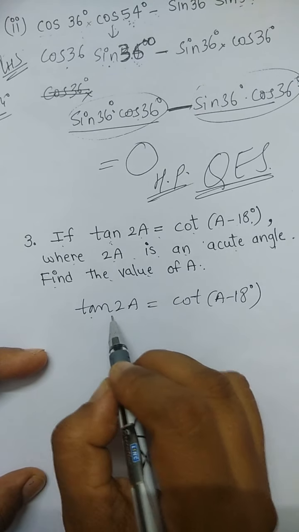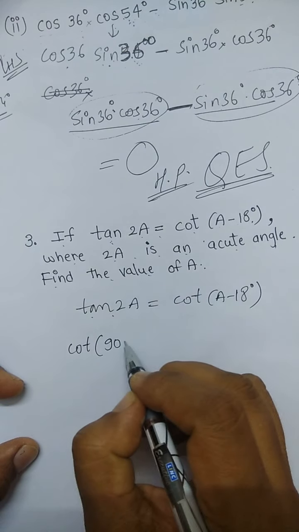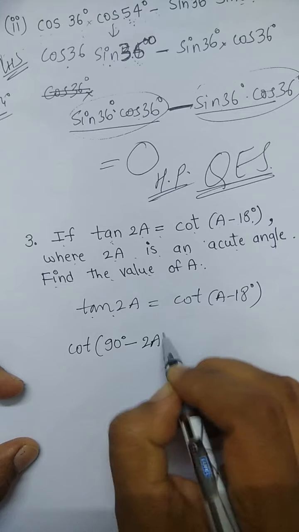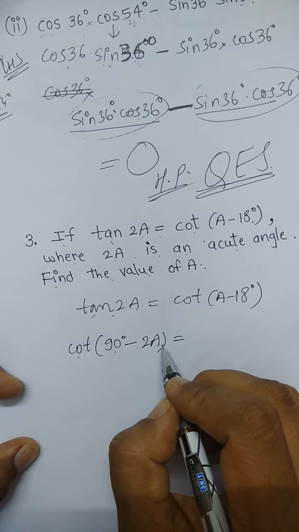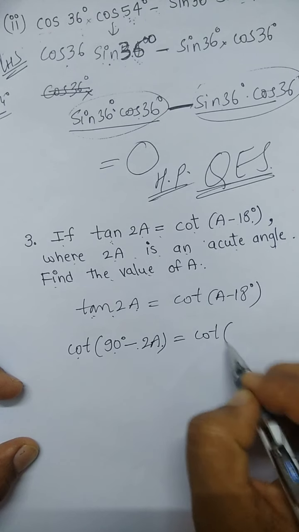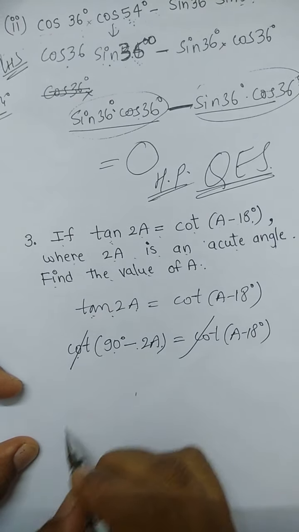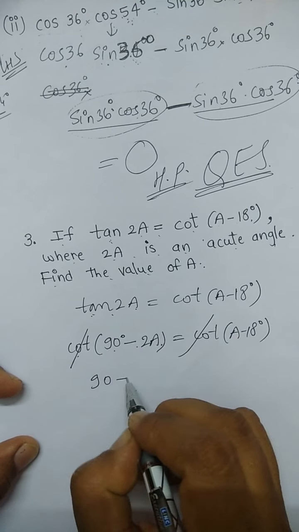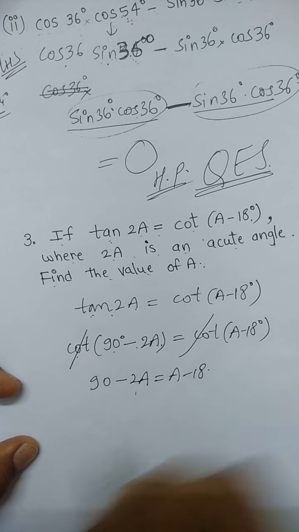Now tan 2A means cot (90 degree minus 2A). Tan 2A is cot (90 minus 2A). And here cot (A minus 18) as it is. Cot will get cancelled. 90 minus 2A is equal to A minus 18.